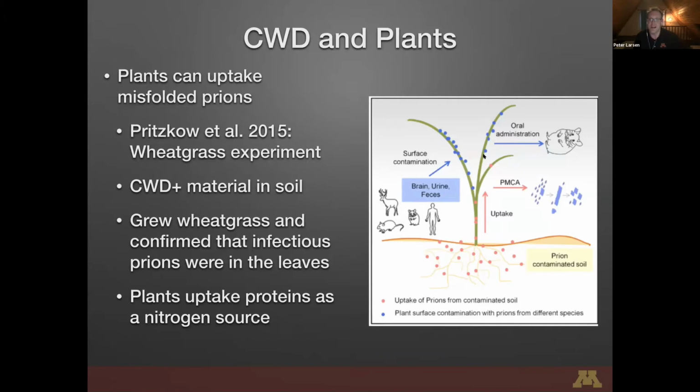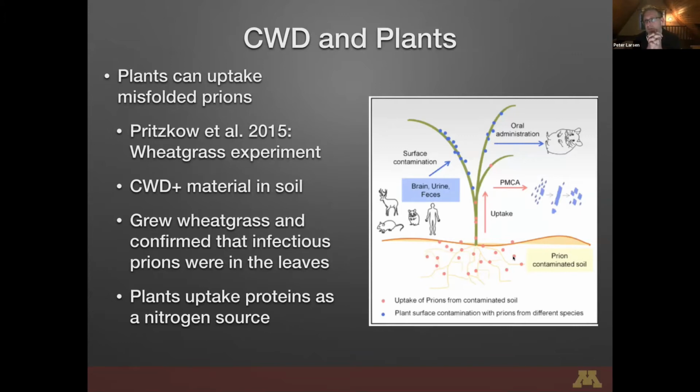So this is a wheatgrass experiment, and this is a paper that will also be on the website. They added CWD positive material to soil and I believe water, and then they grew up the wheatgrass in that soil. They used CWD positive brain homogenate, added it to soil, and grew up the wheatgrass in that brain homogenate.